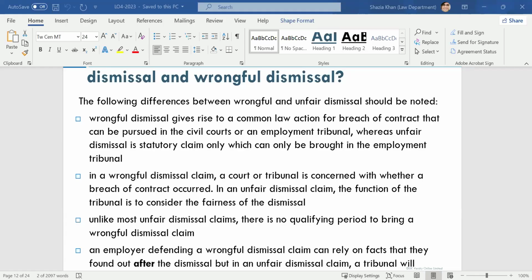So for wrongful dismissal, damages for financial losses incurred during the notice period, so where you've lost your wage or any sort of benefits. Whereas for unfair dismissal, compensation will include a basic and a compensatory award or potential reinstatement. So that's the difference between wrongful and unfair dismissal.